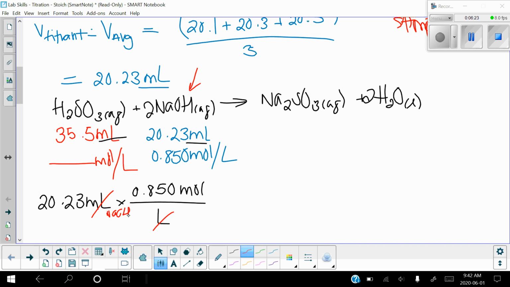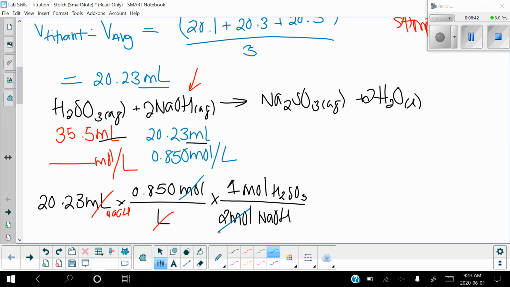And I have millimoles. The base unit is moles, so I can now use my mole ratio. I divide by 2 moles of NaOH and multiply by 1 mole of H2SO3. Okay, moles cancels out with moles. NaOH cancels out with NaOH. The last thing we need to do is divide by our volume, which was 35.5 milliliters.